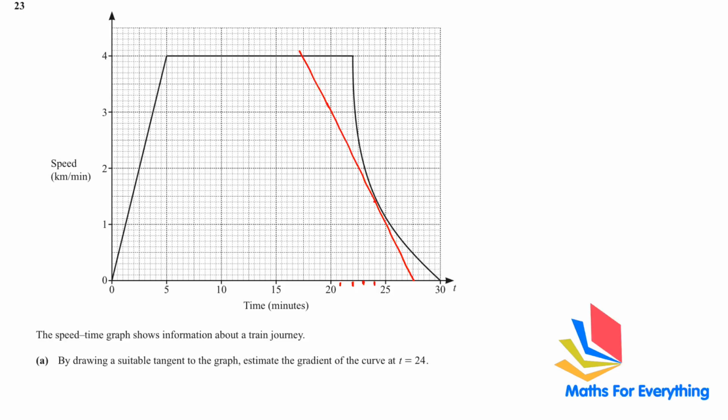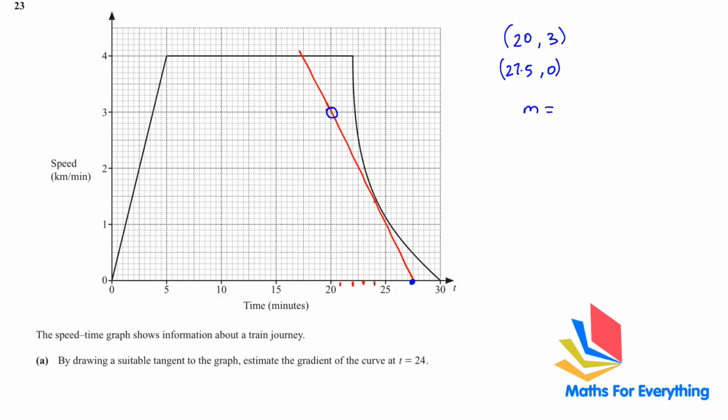To find the gradient, we have to choose 2 points. Try to choose points that seem easy to you. I'm choosing this one because here when t is 20, s is 3. So that's a very clear point: 20 and 3. The next point I'm choosing is this point here. This is 27.5 and y is 0.